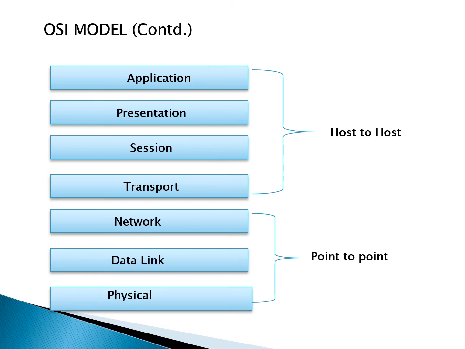They do not exist in the intermediate nodes of the network. The lower 3 layers, physical layer, data link layer, and network layer, are called point to point layers. Point to point means all the nodes that come in the path of data transmission. These point to point layers exist in all the nodes from source to destination, including intermediate nodes also.